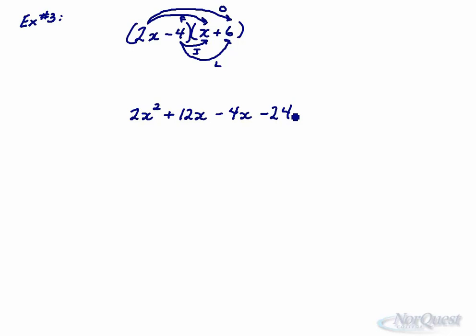Usually your inner terms are like, so we'll get 2x squared, 12 minus 4 to give us plus 8x, minus 24. Quick little expansion there, using FOIL. So if you have a couple binomials, you can always use FOIL.